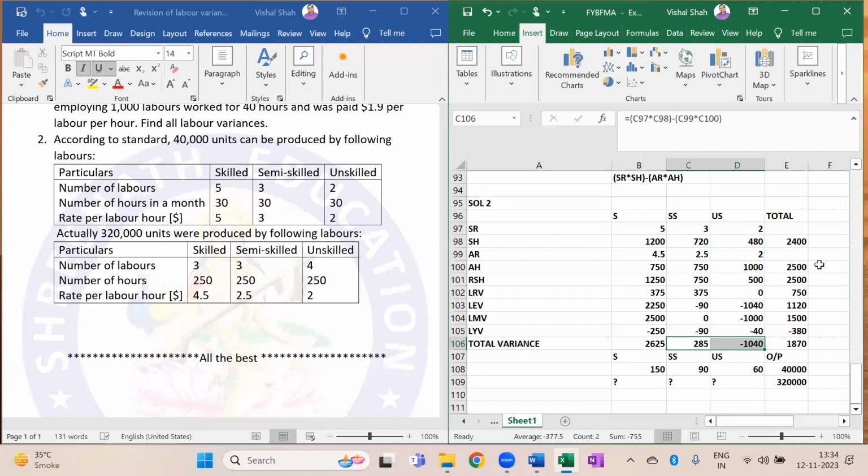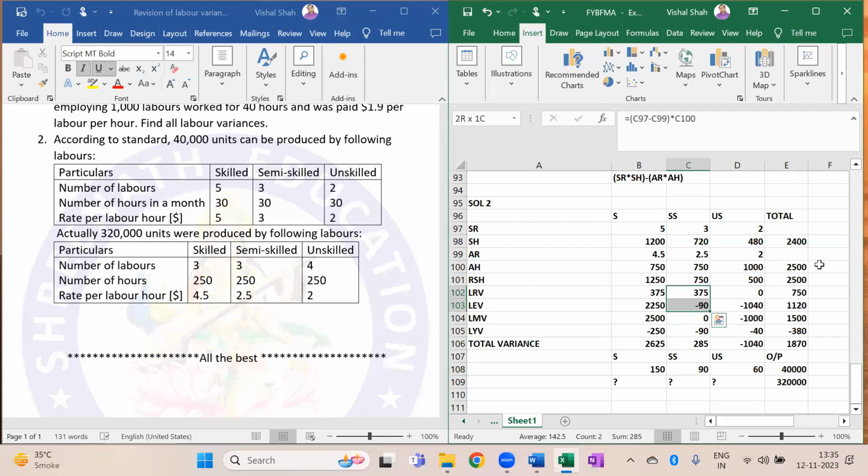I can check it out. Yes, it is right. In every sense, LEV is equal to LMV plus LYV, and LRV plus LEV will be the total variance, 2625.